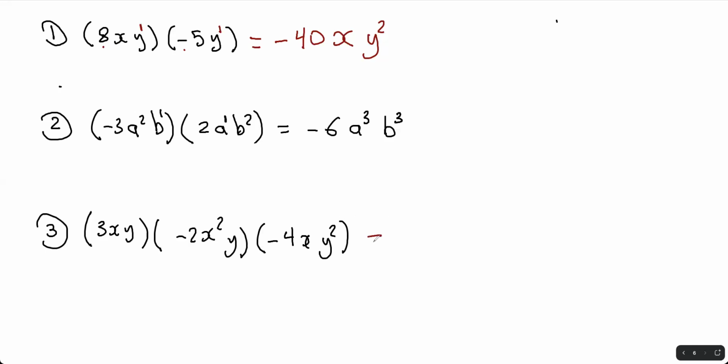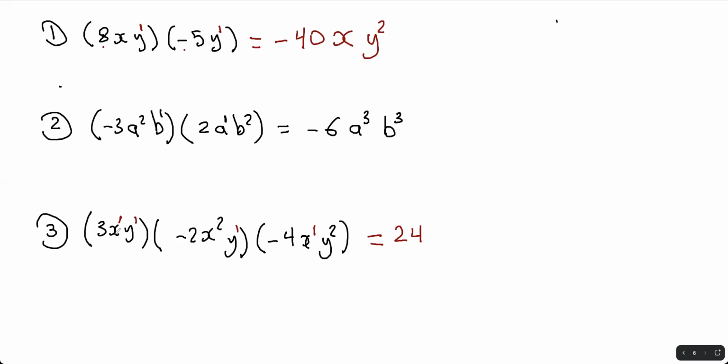Here, we have 3xy times -2x squared y times -4xy squared. As I said, multiply right through, so you go 3 times -2 is -6. -6 times -4 is +24. Now, of course, all the variables here that don't have an exponent, that means they have 1.